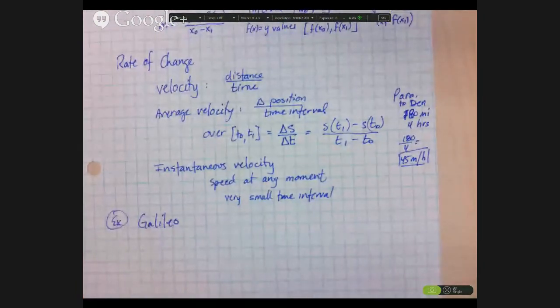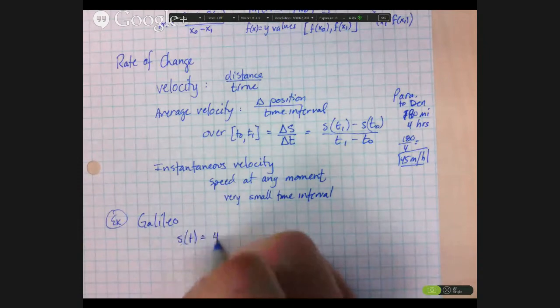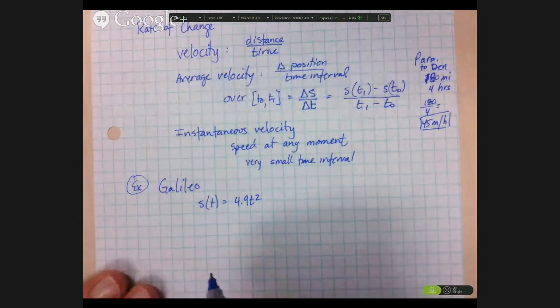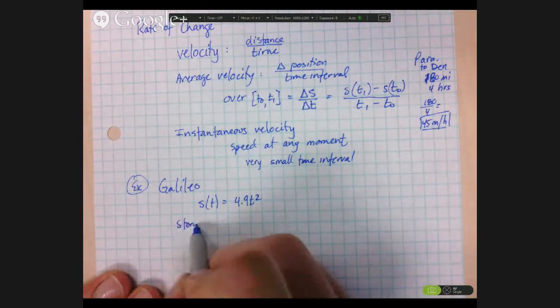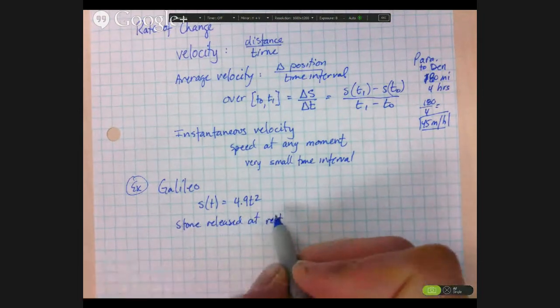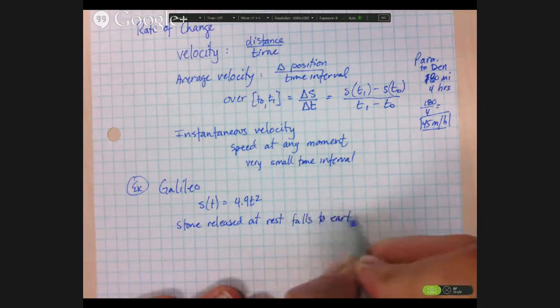Galileo discovered that if an object is released at time 0 from a state of rest, the distance traveled after t seconds is given by this formula. So it's a position as a function of time. Let's say we have a stone released at rest falls to Earth.